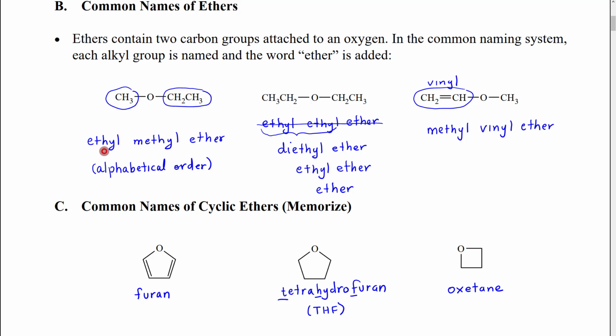So we would call this ethyl, then a space, methyl, then a space, ether. Note that the alkyl group names have been put in alphabetical order. This is the modern way to do it. It used to be that the groups were arranged in order of increasing complexity. So sometimes that would give the opposite order to what we do in modern.